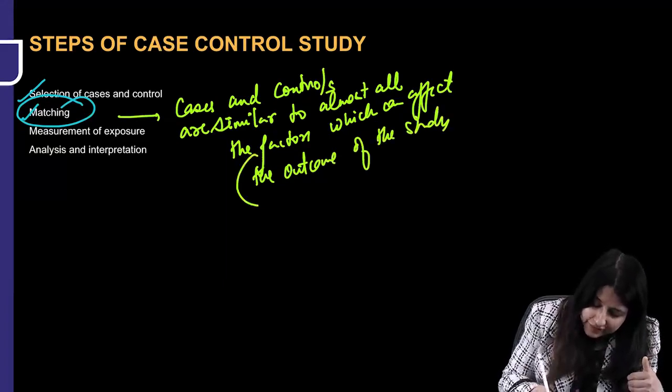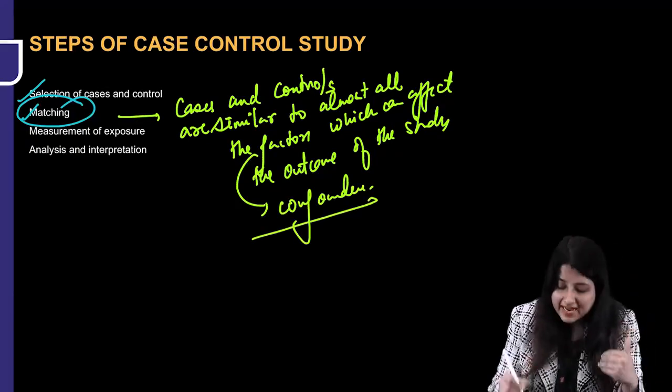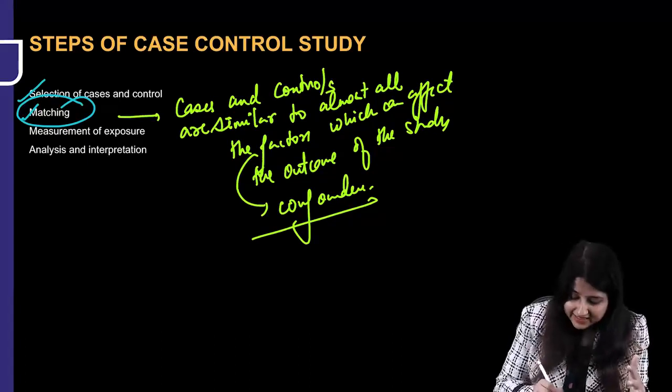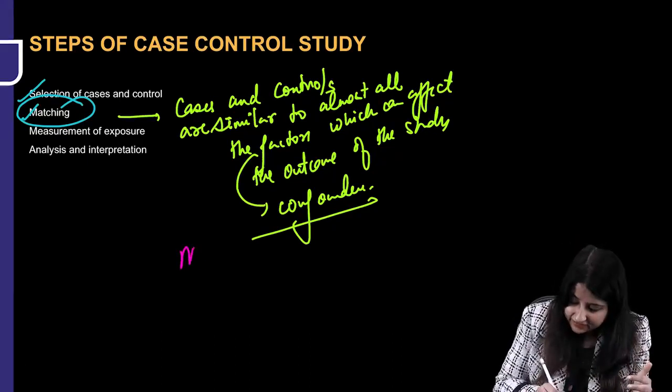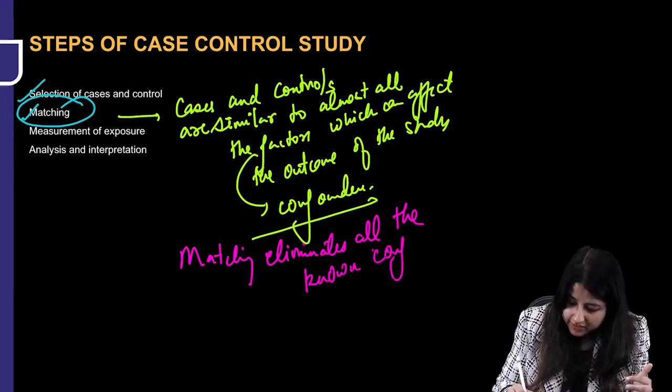And when I say these factors, I'm referring to a term known as confounders. So matching is eliminating, this we'll study in confounder also, we'll just revise it. Matching eliminates, please remember, all the known confounders from a study.